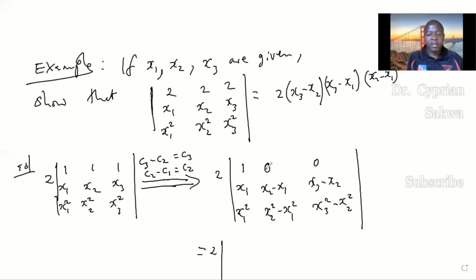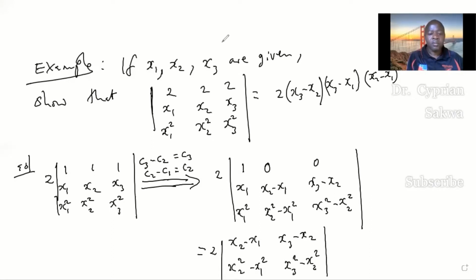So when I delete the row of 1 and the column of 1, what I get here is x2 minus x1, and here I get x3 minus x2, and here I have x2 square minus x1 square, and here I have x3 square minus x2 square.